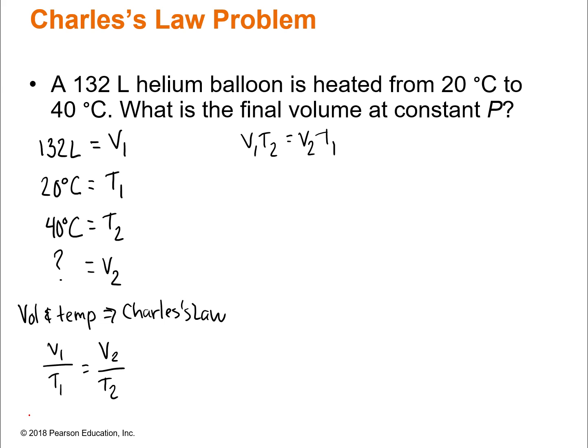And if you feel comfortable, go ahead and work ahead of me, and you can put an answer in the chat for what the final volume is. We're solving for V2. So that means you're going to divide both sides by T1.